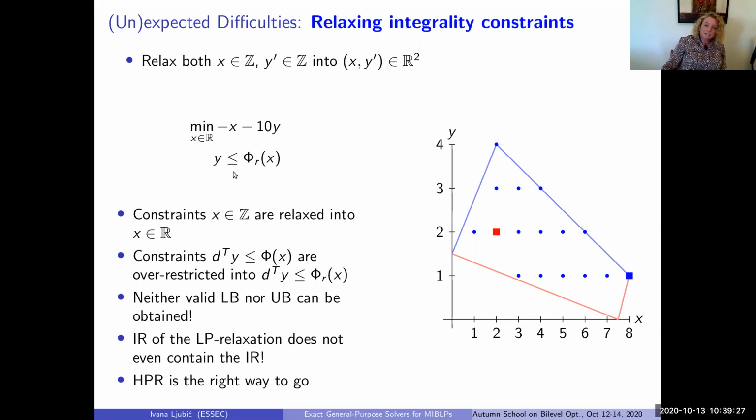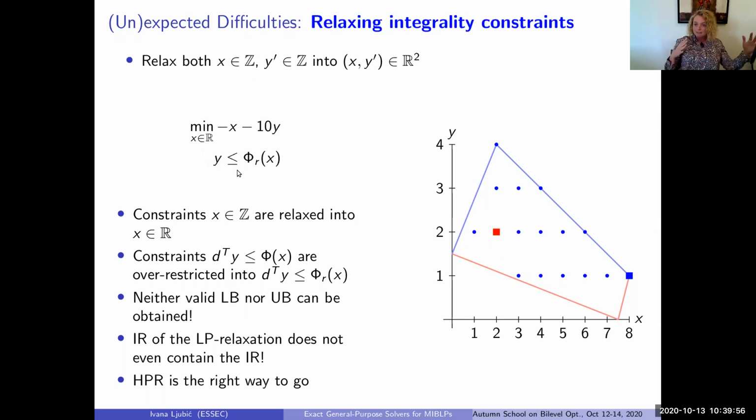But on the other hand, the value function reformulation is too constrained because if I use the notion phi r to denote the relaxation of the lower level problem, then this LP relaxation will have a tighter value, a smaller value, and hence I will be over restricting the space of the Y variables at the upper level.